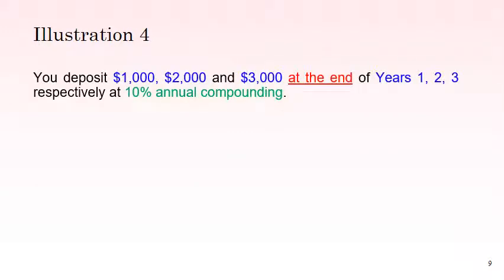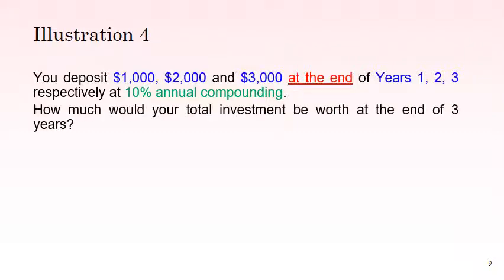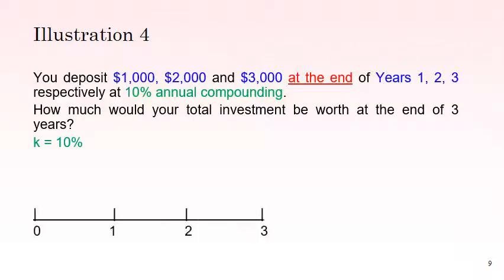Illustration 4. You deposit $1,000, $2,000, and $3,000 at the end of years 1, 2, and 3, respectively, at 10% annual compounding. How much would your total investment be worth at the end of 3 years? K is 10%.